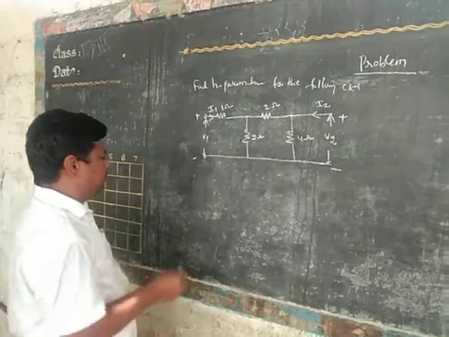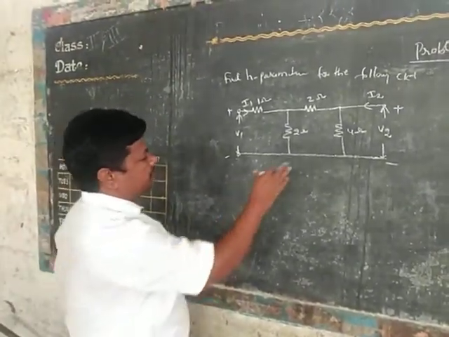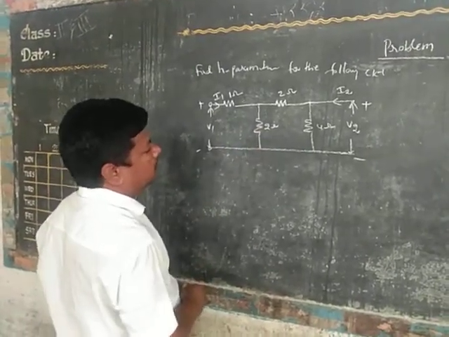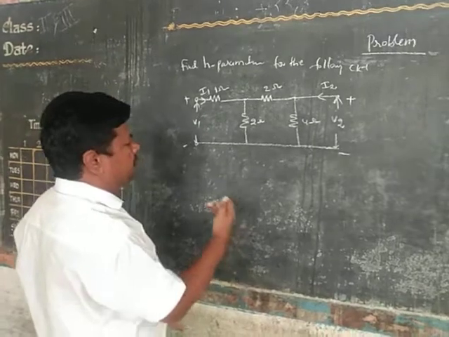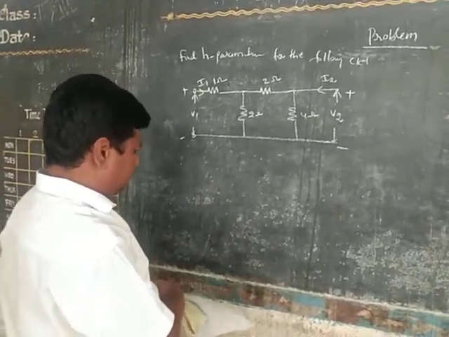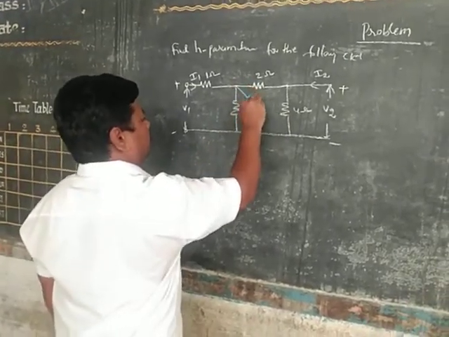The first procedure, whether we calculate H parameters or Y or Z: first of all, simplify the given circuit. Convert it into some T network. Then only we can easily apply the concept. Here, this three-resistor delta format, convert into star.